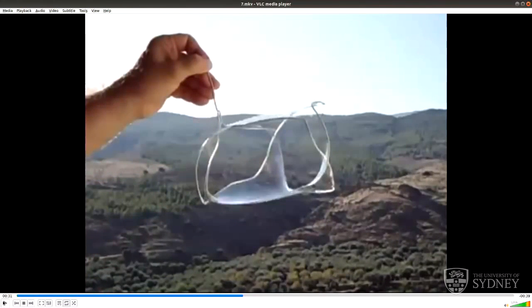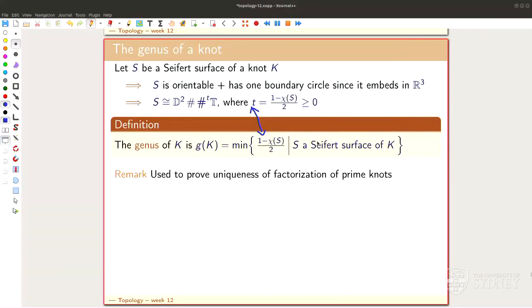It has some genus. I'll tell you in a second what the genus actually is. You can't see it because it's so complicatedly wrapped up in 3-space following the knot. But we can just use the powerful classification to say that there is a genus associated to it, and we just want to compute it for a knot.